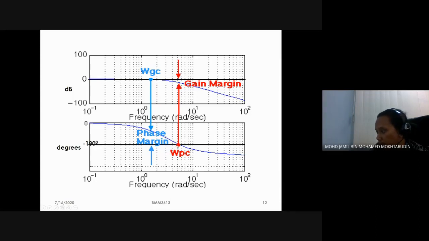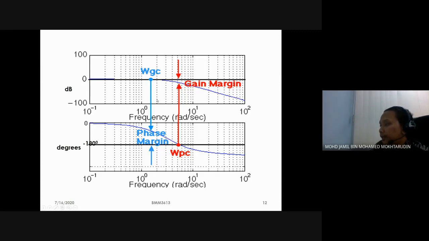When the graph intersects negative 180 degree, that's the gain margin frequency. Then to determine gain margin, you look at the gain plot or the magnitude plot and find the gain at gain margin frequency. The difference of the gain with 0 decibel is known as the gain margin.